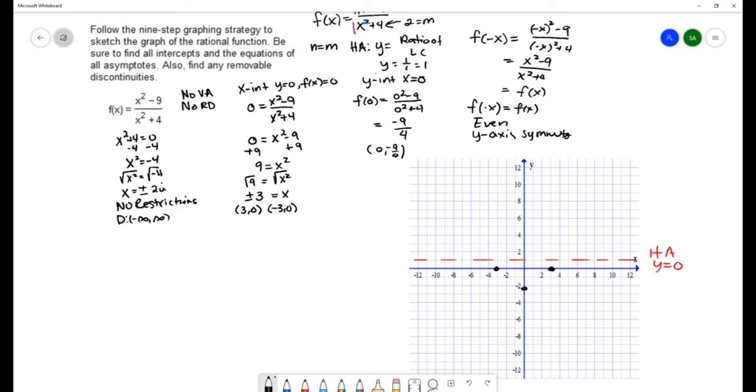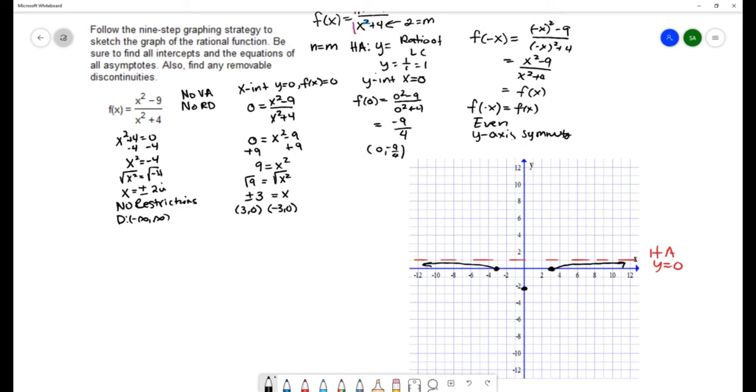Then we want to decide whether we have enough information to draw the graph. I know that the graph will be approaching the asymptote because we have that horizontal asymptote, but I might not feel confident about how to connect these 3 points to each other.